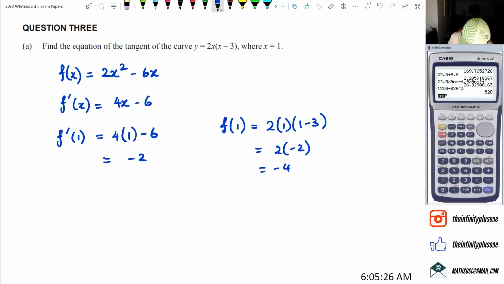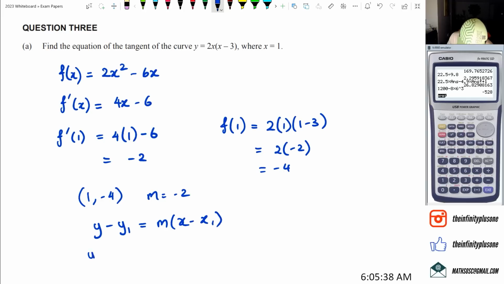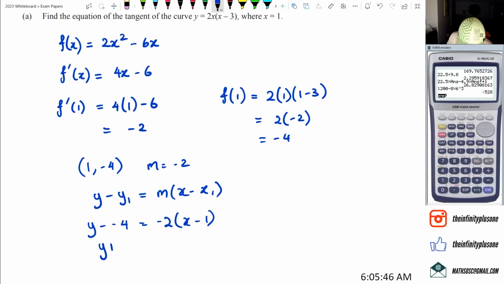So my point is (1, -4), and my gradient is equal to -2. So I've got y minus y1 equals m times x minus x1. So y minus -4 equals -2 times x minus 1. Expanding this out, I get y plus 4.